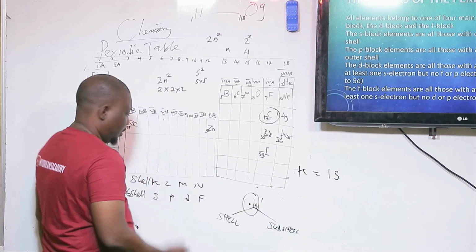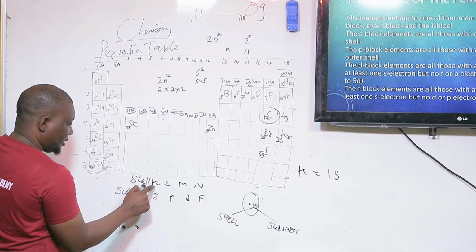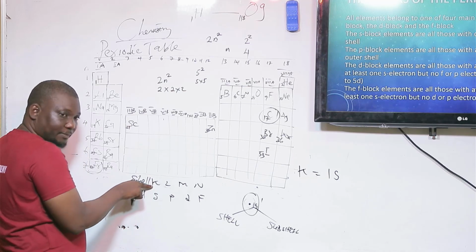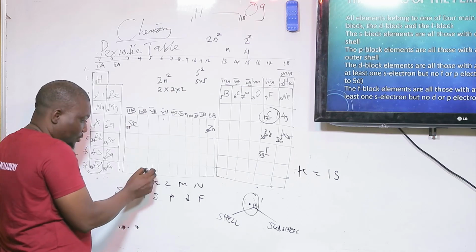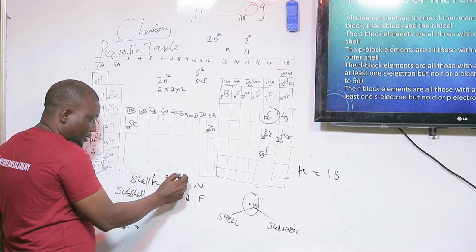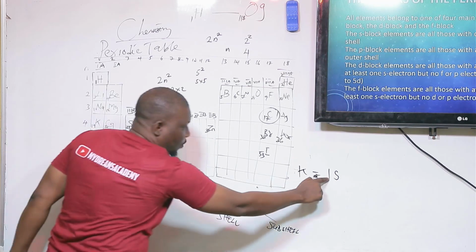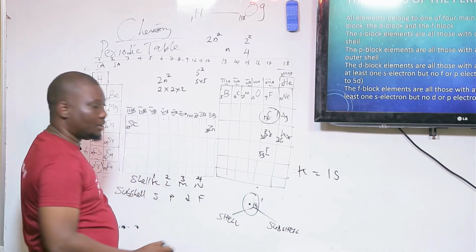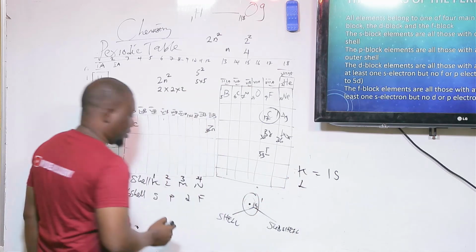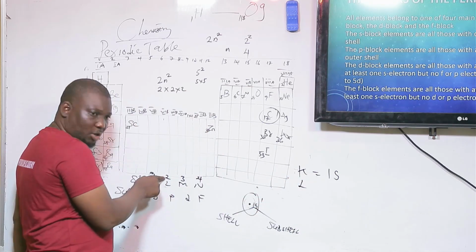Look at this. K, the value of the shell, the value of the energy level here is 1. This is 2, this is 3, this is 4. So K has just one subshell. Then L, how many subshells? 2 subshells.